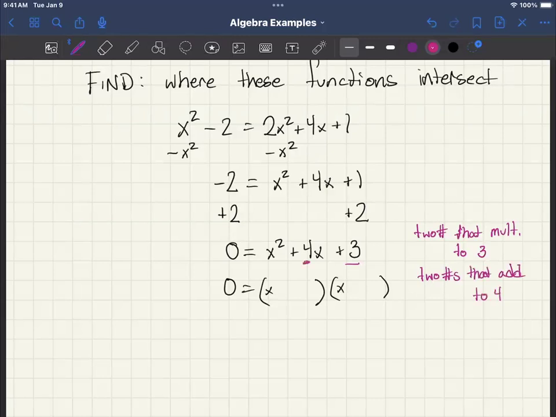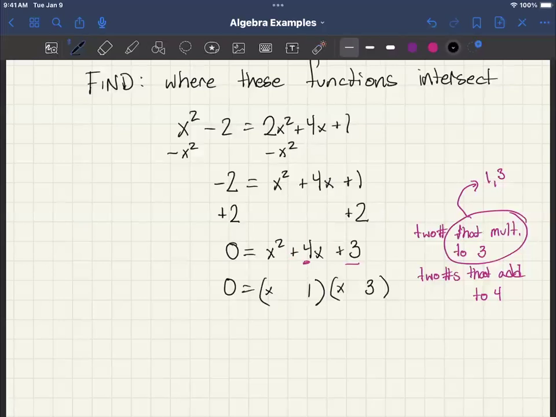I usually start off with the numbers that multiply to 3 and ask what two numbers we can multiply to get 3. In this case, there's only two numbers that work, 1 and 3. So those have to be the ones we use, and 1 and 3 add up to 4. Notice also that we have plus signs everywhere.